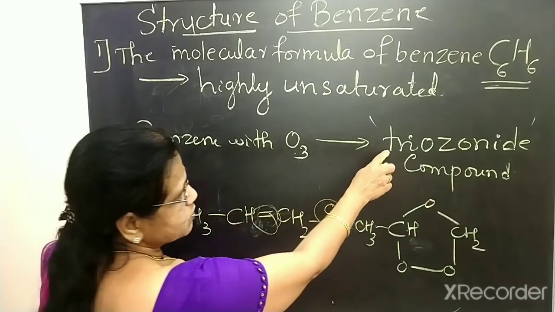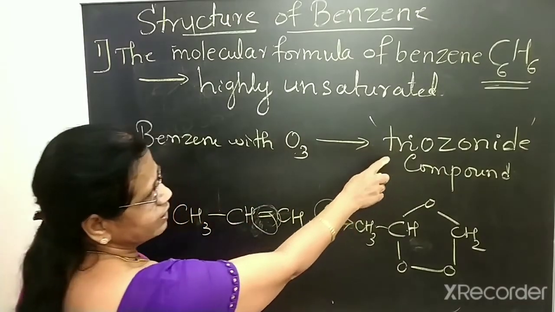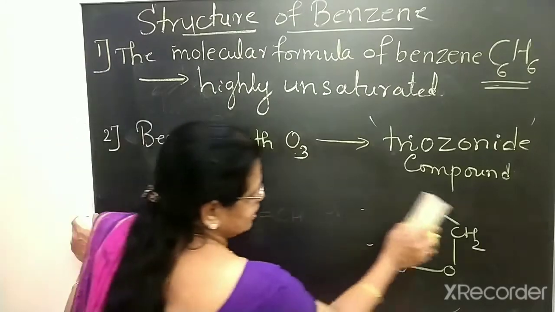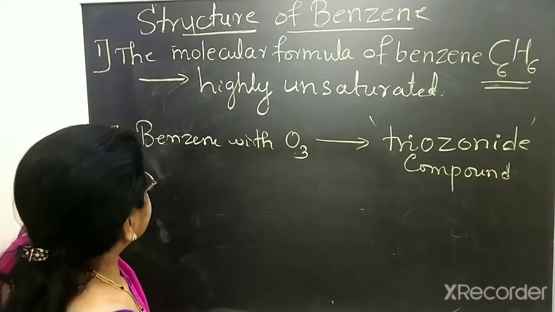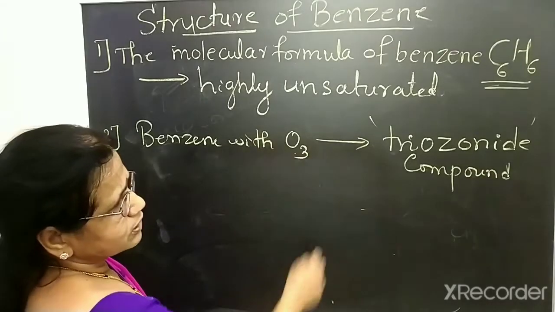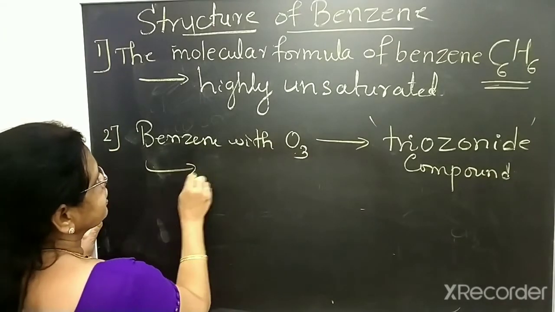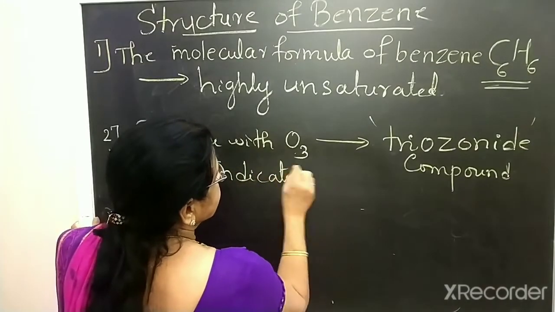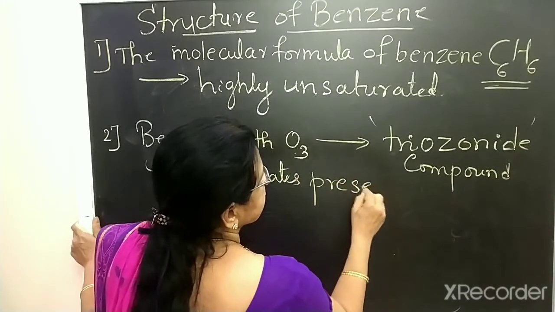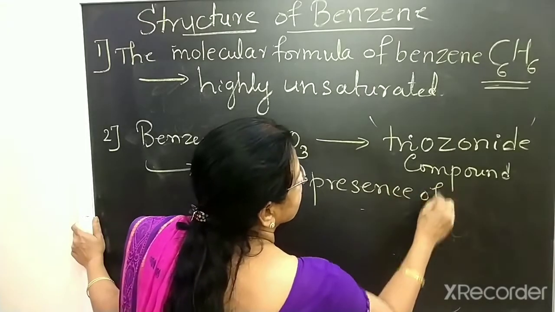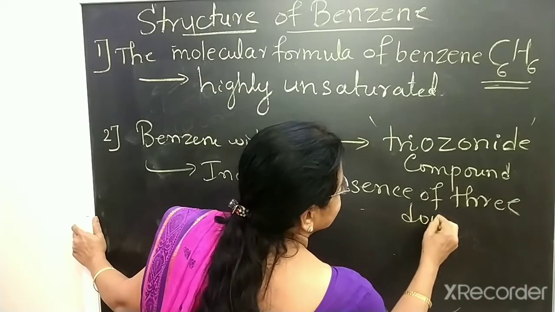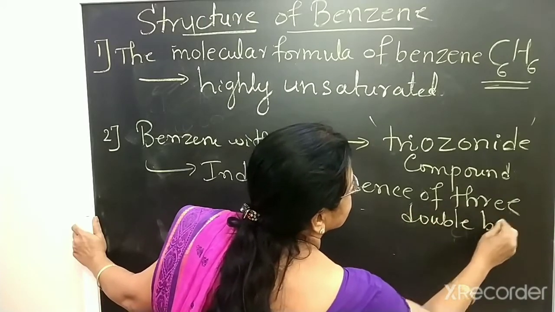As benzene forms a triozonide, it means 3 double bonds are present in the benzene structure. So the second point: benzene with ozone forms a triozonide compound. It indicates the presence of 3 carbon-carbon double bonds.